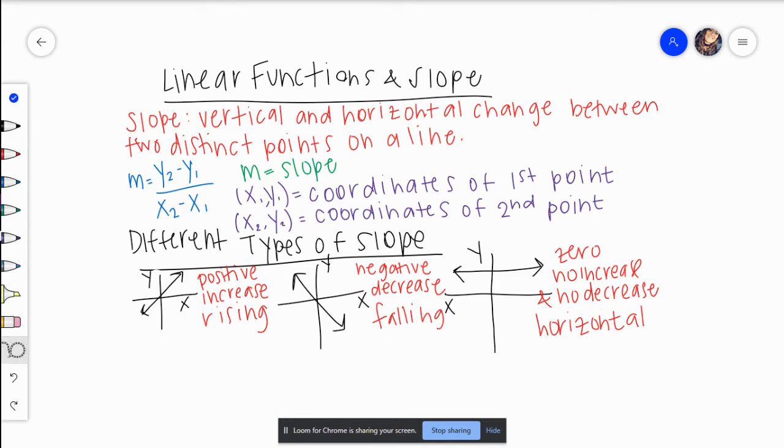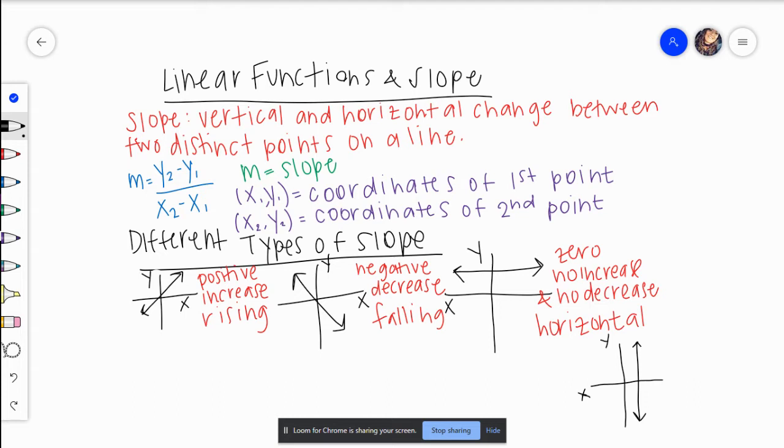do my other one. Say we have our x and y axis, and we have a line that looks similar to this. That would be a vertical line that is parallel to the y-axis.